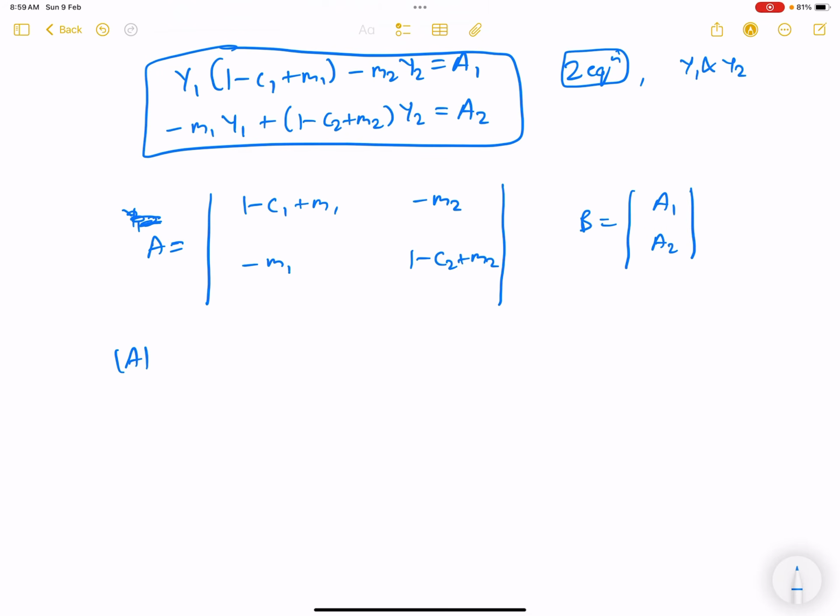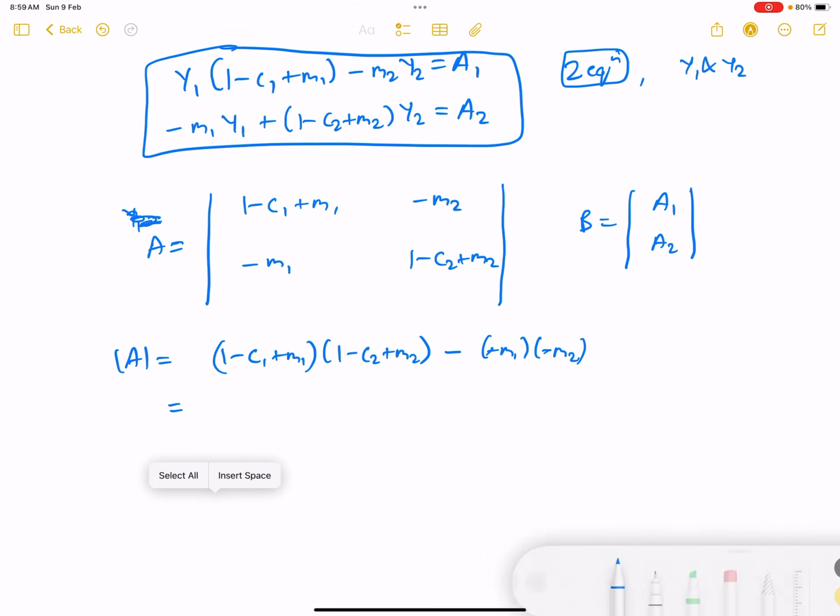A determinant would be 1 minus c1 plus m1 into 1 minus c2 plus m2, minus of minus m1 minus m2. So this cancels out. So let's solve it again.